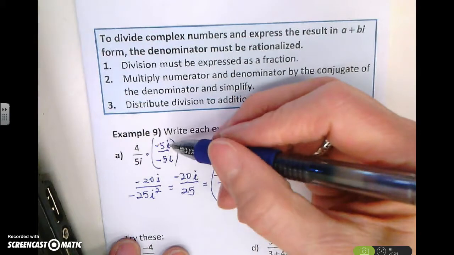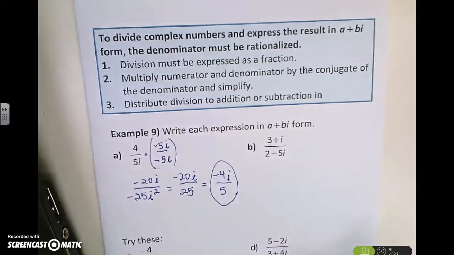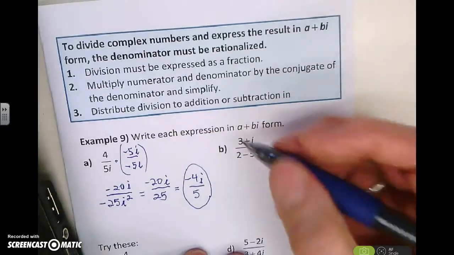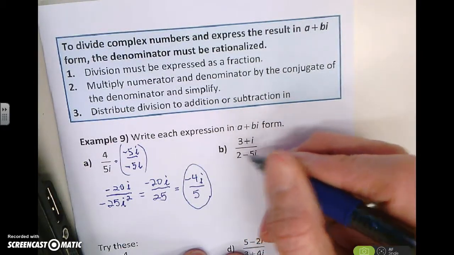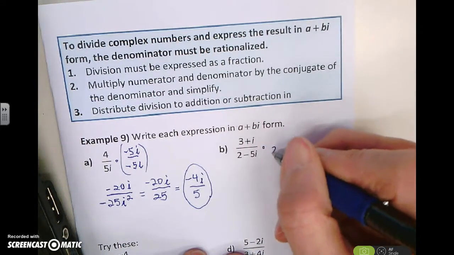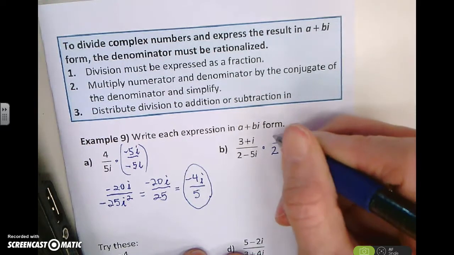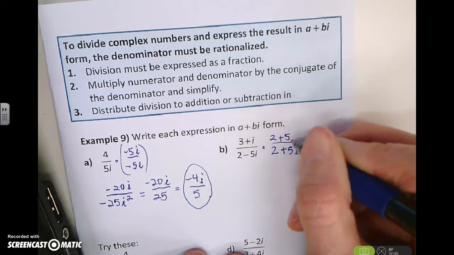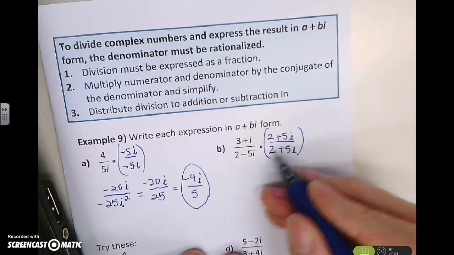Notice up here I could have actually just done it by i over i as well, and then I wouldn't have had to reduce. All right, so here my denominator has a binomial, so I'm going to have to multiply by its conjugate, which is 2 + 5i, in both the numerator and denominator. So I'm multiplying again by that clever one.